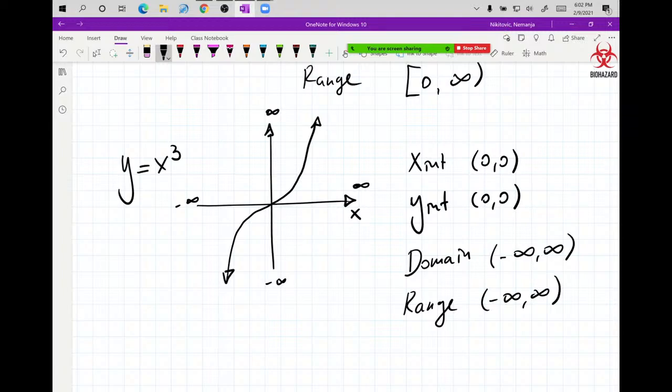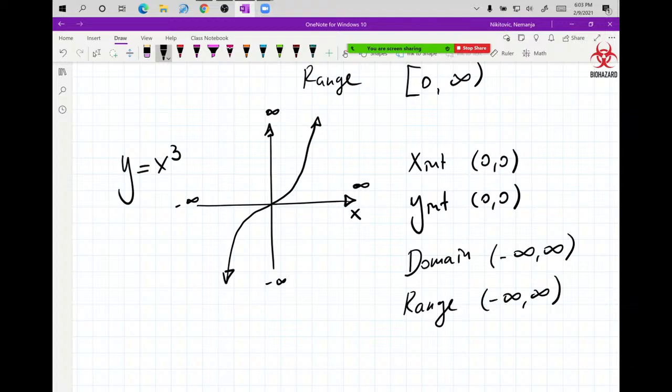So that is what we have for the cube function. So now I want to compare x squared and x cubed, and apart from the x-intercept and y-intercept, which can move, obviously, one thing we see is that both have the infinite domain. And if you think about it just a tiny little bit, you immediately realize, hold on, all of the polynomials will have infinite domain because each one of them is x to the n.